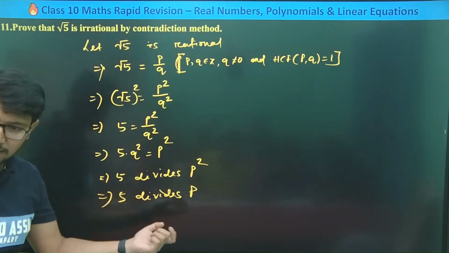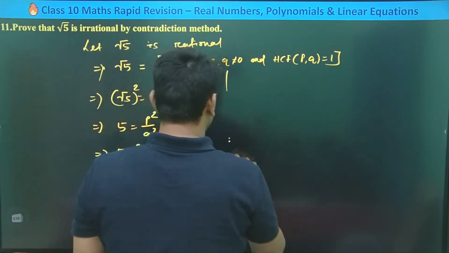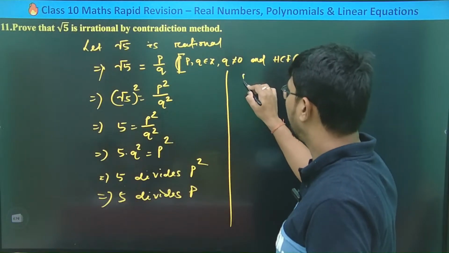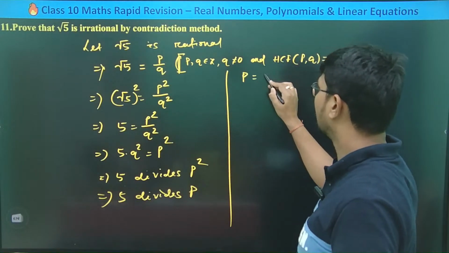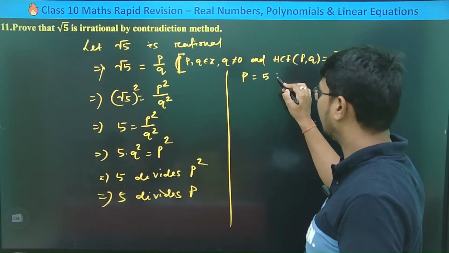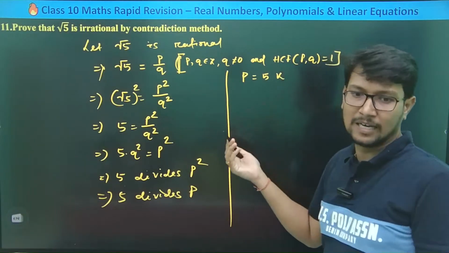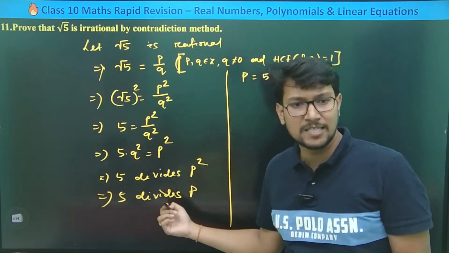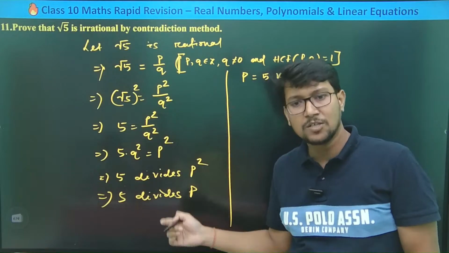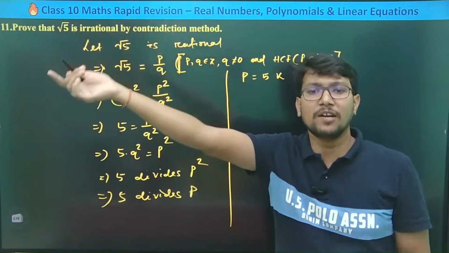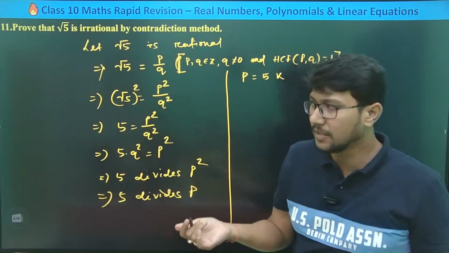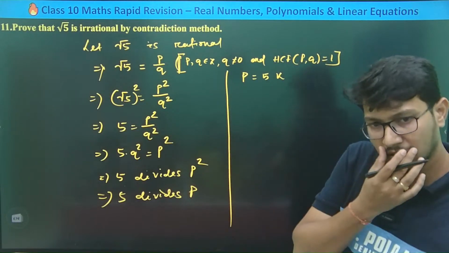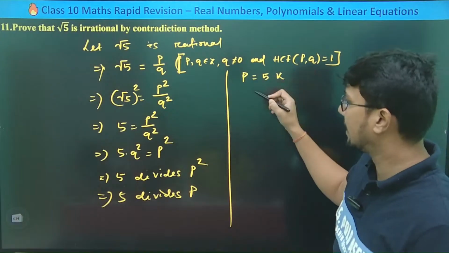So 5 divides P. If 5 divides P, children, then we can write what? P is equal to 5 into K. Whatever you write, R, C, anything works. It means 5 divides P, 5 is a factor of P, so P can be written as 5 into something. That something is K here. Okay, clear? Now what shall we do? Tell me?